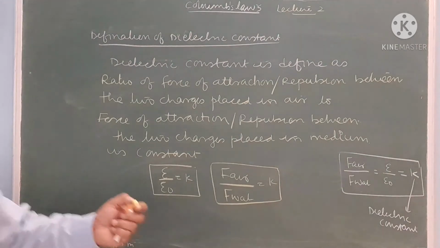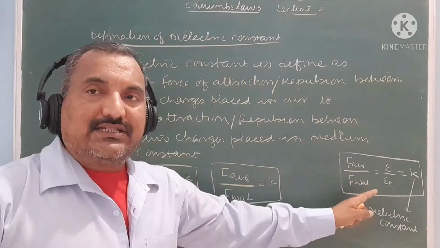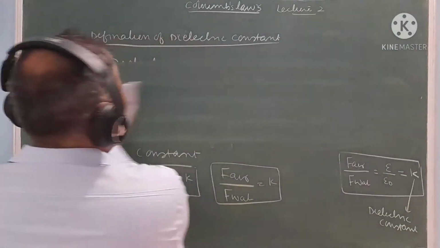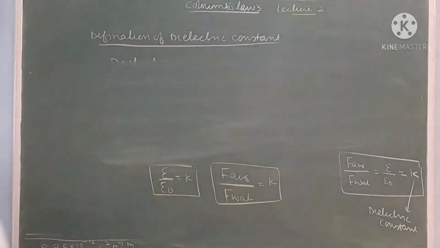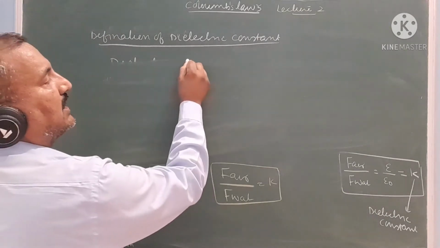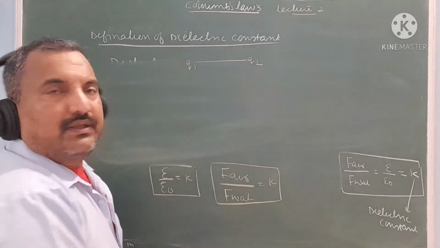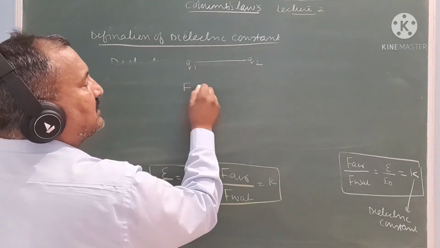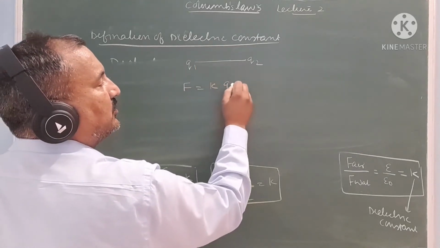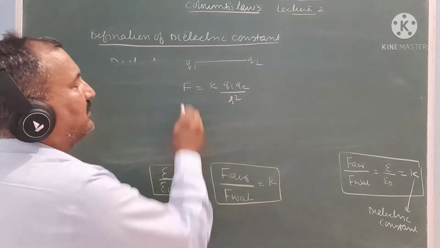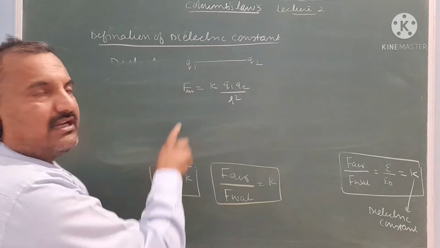So now we will try to work it out from this formula. Suppose these are the two charges, Q1 and Q2. The force is equal to K Q1 Q2 upon R square. This is for air.